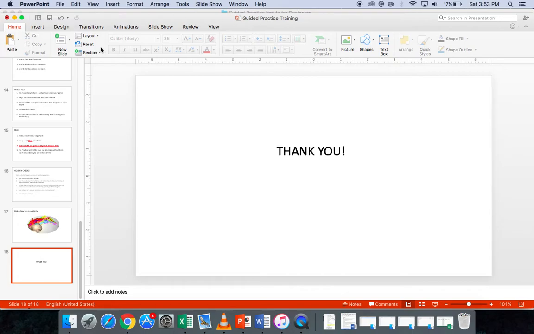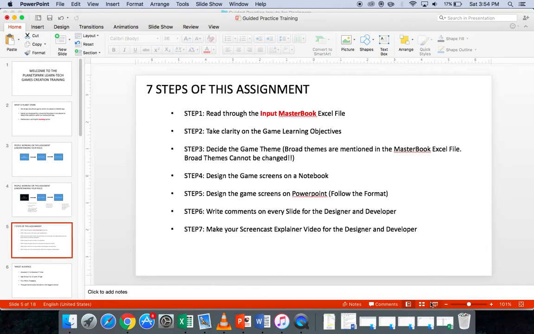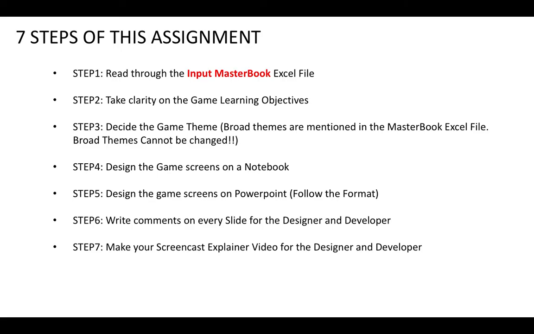I would like to leave you with the most important slide that was there in this training, and that slide was on the 7 steps of this assignment. So you will now get from us the input master book. Refer to that book or the Excel file. Do the step 1, which is reading through the input master book.